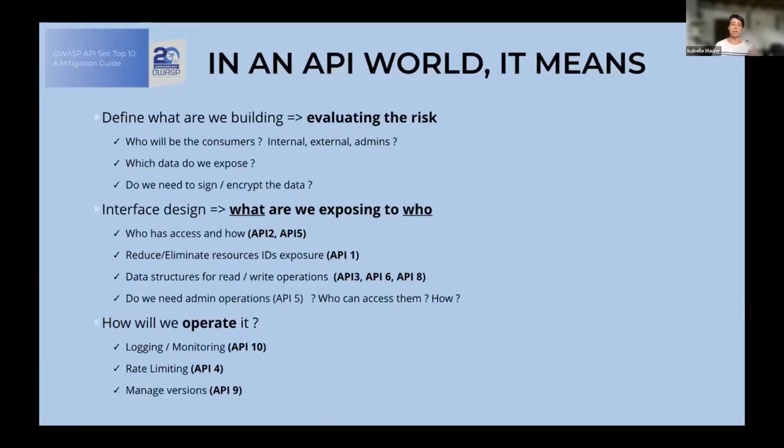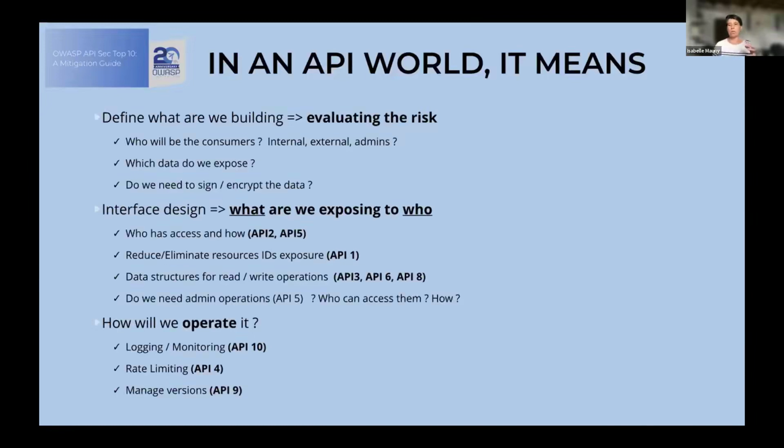Defining what the data is, who's going to consume it, how we're going to access it, the data structures on request and response, where the admin is going to be, how we're going to operate it, where is defined the rate limiting. You have to design rate limiting. Manage versions, how we're going to retire things so we don't leave them there open and forget about them.